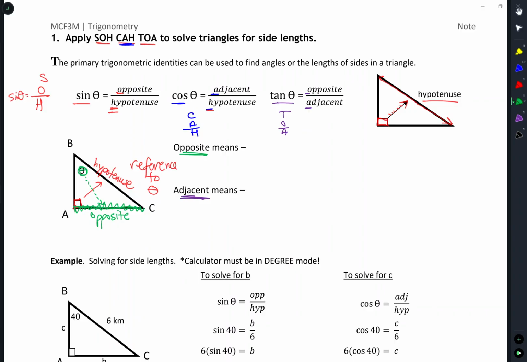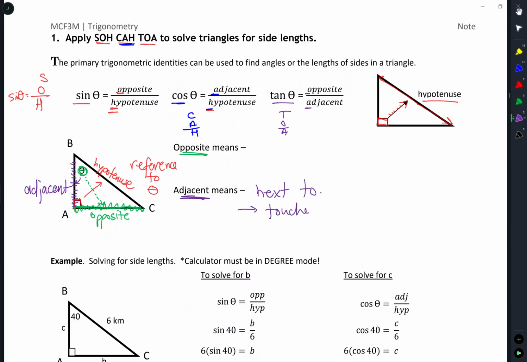So again, the hypotenuse is the side away from the right angle. Somewhere you'll have a reference angle, an angle you care about. Maybe use the little theta symbol, but you've got an angle you care about. The farthest away from that angle is your opposite side, and that leaves just one side left over. That last side is called the adjacent side, and adjacent means next to.